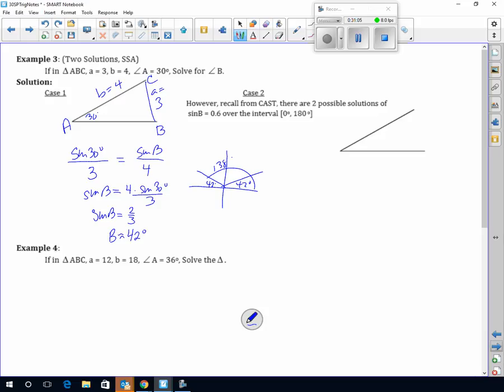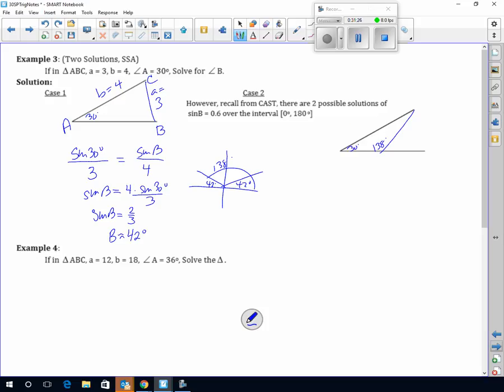So the other possibility is drawing it like this. Sorry, I'm doing that wrong. I'll try again. I know you used a pen. Like that, because it's this angle that I just solved for. This is 138.